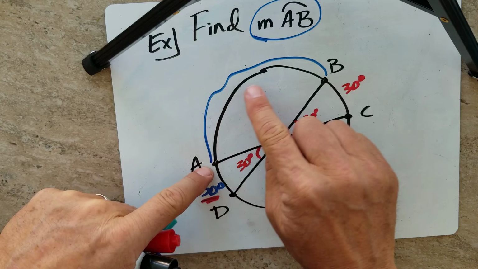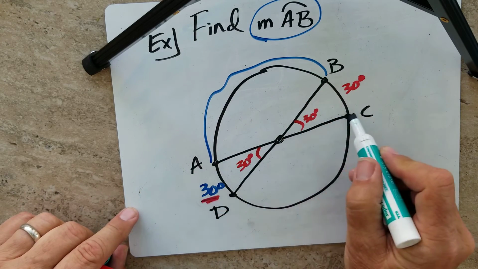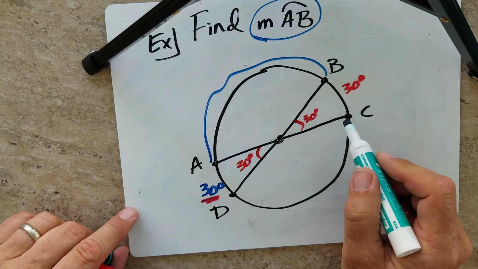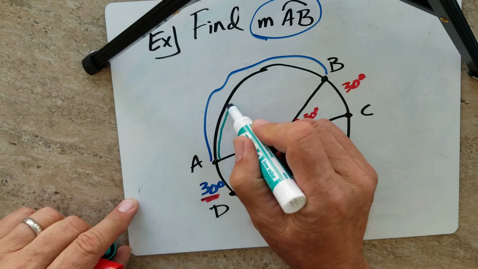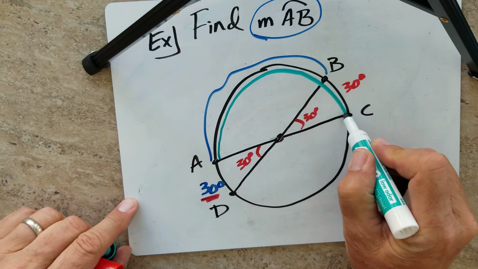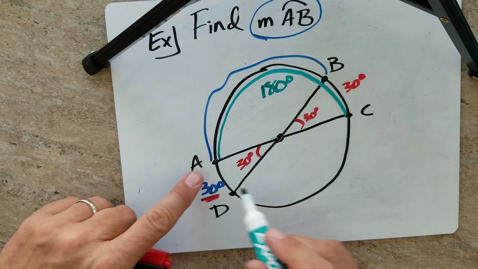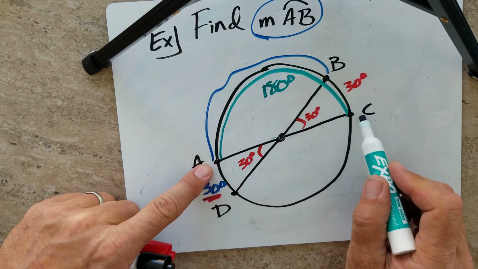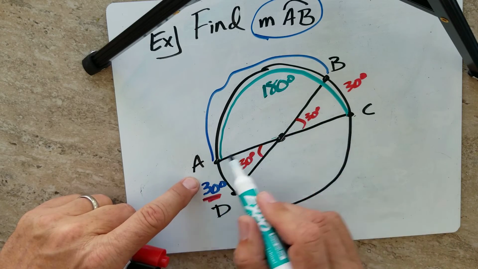I want from A to B, but now I want you to see this. Look at this AC. Isn't AC a diameter of the circle? Which means this whole thing from here all the way to here is a semicircle, and that is 180 degrees. From here all the way to there, arc ABC is 180 degrees, and I know that because it's half a circle.